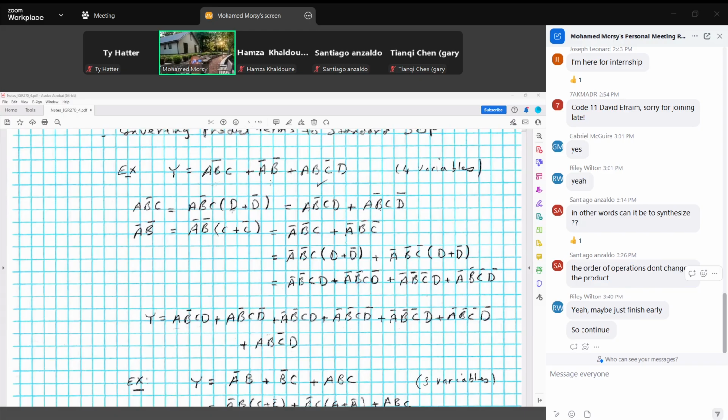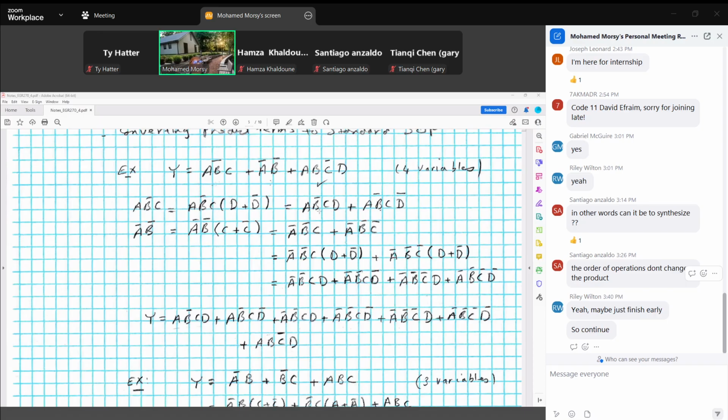Exactly. We just multiplied by D plus D inverted. It's the same equation here because we know D plus D inverted is just one. But again, we put it in this form to reach a standard form. Now multiply: A B inverted C D plus A B inverted C D inverted.